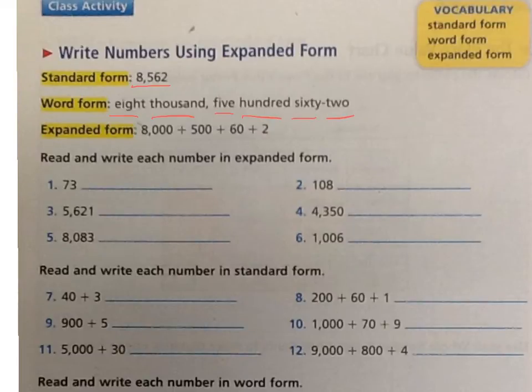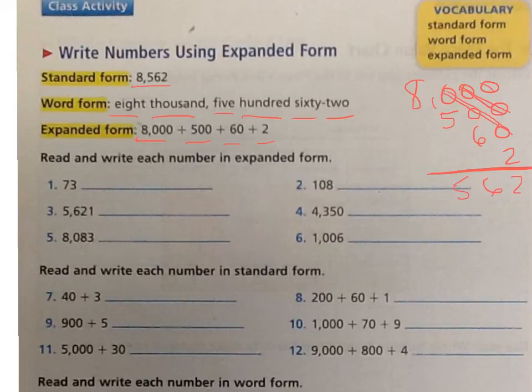Every word that comes out of your mouth, you write it. Expanded form is 8,000, 500, 60, and 2. Because remember we went over this earlier. 8,000, in this case we do have a hundreds place, 500, 60, and 2. And you can just kind of go down, almost like it's bowling at an angle. Get rid of the zeros, or you can just add it down and see you have 8,562. So I'm going to get rid of that.